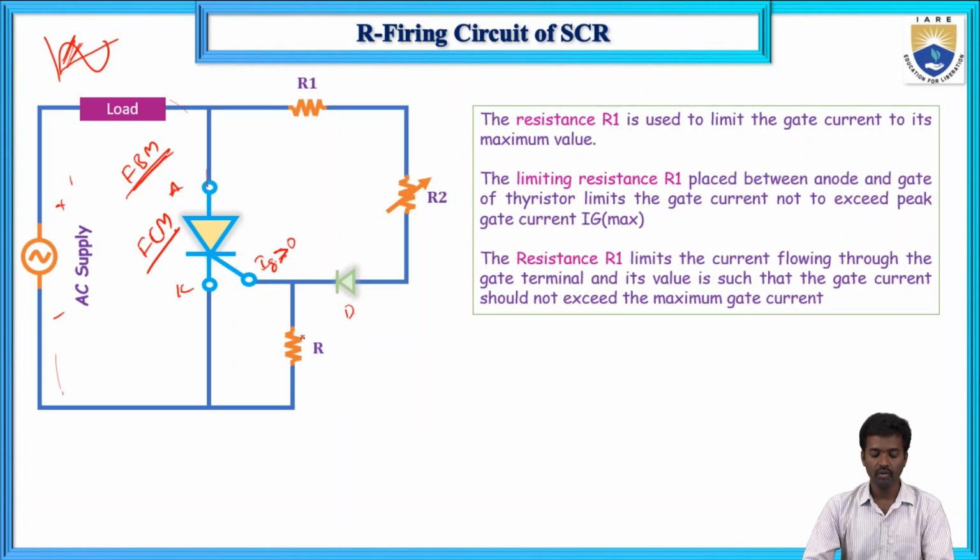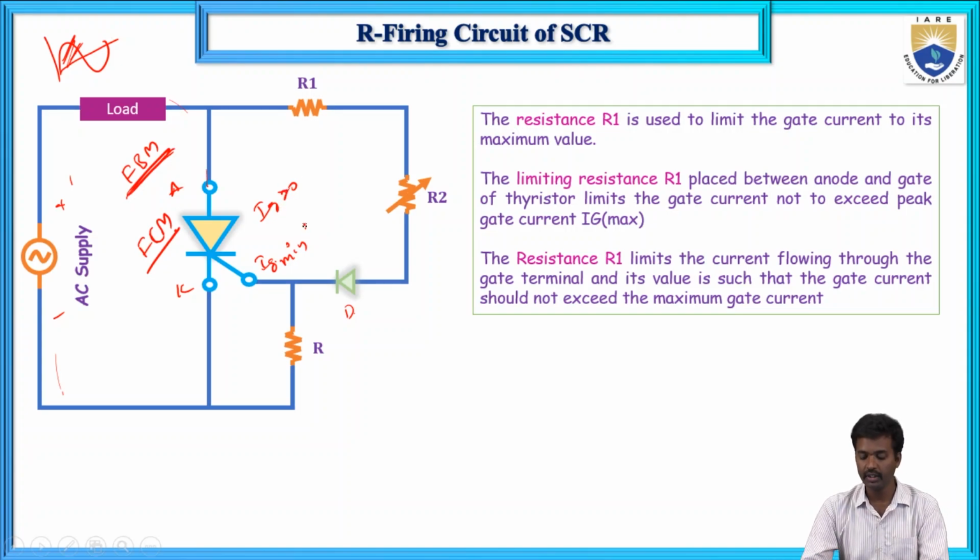Now, during the positive half cycle, this is in forward blocking mode, so it requires minimum gate current. To turn it on, Ig equals 0 initially in the forward blocking mode. So it requires minimum gate current.